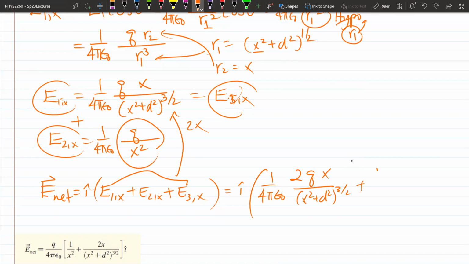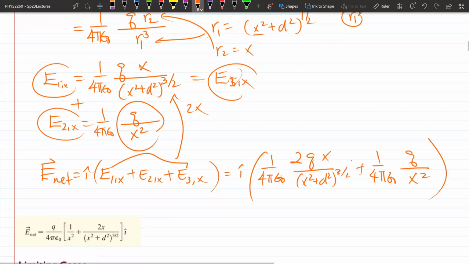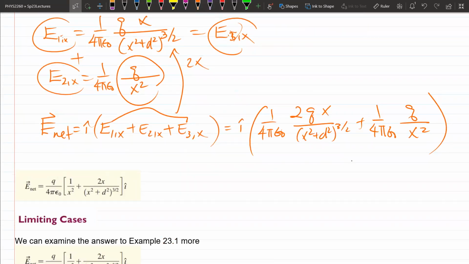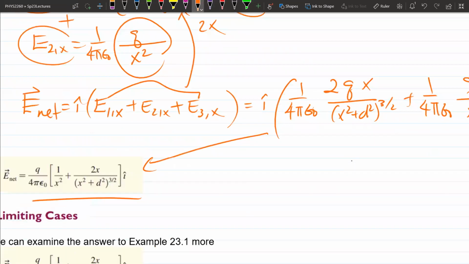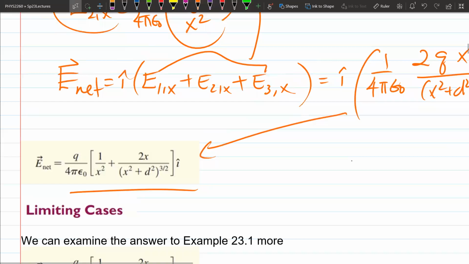And then this piece here, right, it's also 1 over 4 pi epsilon naught, q over x squared, okay? If you simplify and combine terms, you'll end up with this answer here, where it's 1 over 4 pi epsilon naught times q.